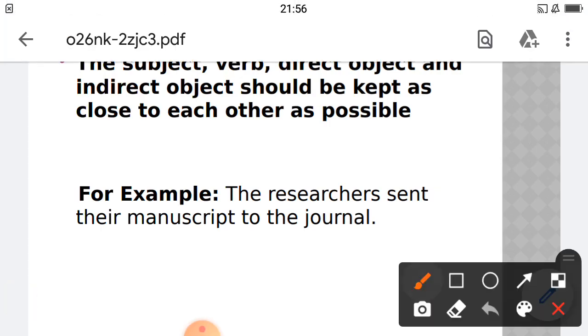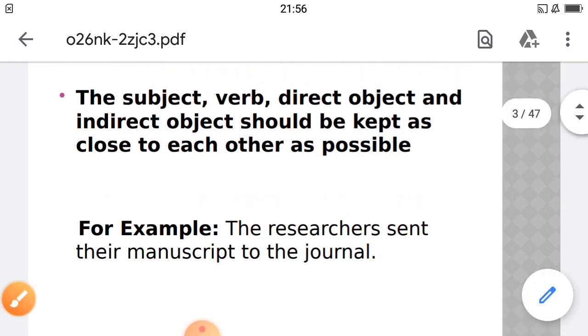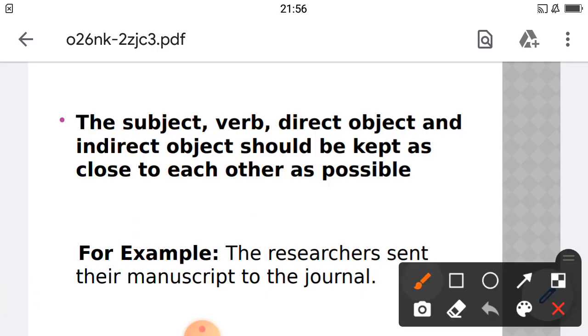In this sentence, the researchers is the subject, sent is the verb, manuscript is the direct object, and journal is the indirect object. Thus, they are kept close to each other. Hence, we can say that the word order in this sentence is correct.